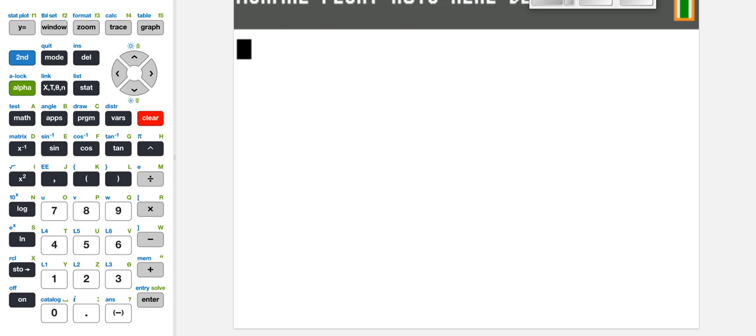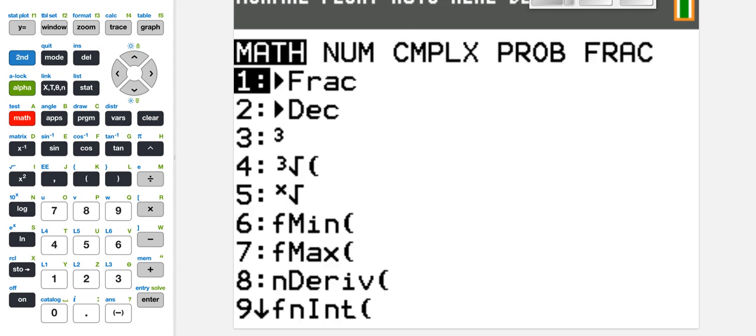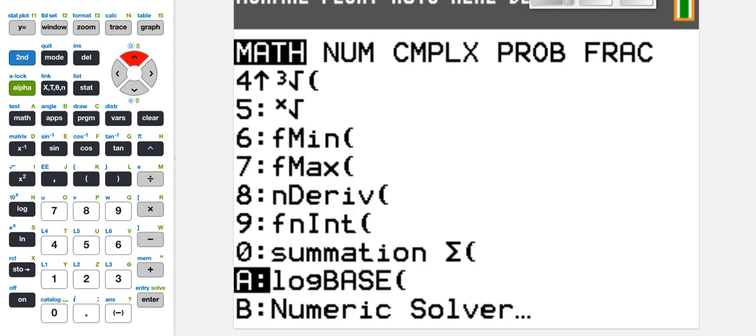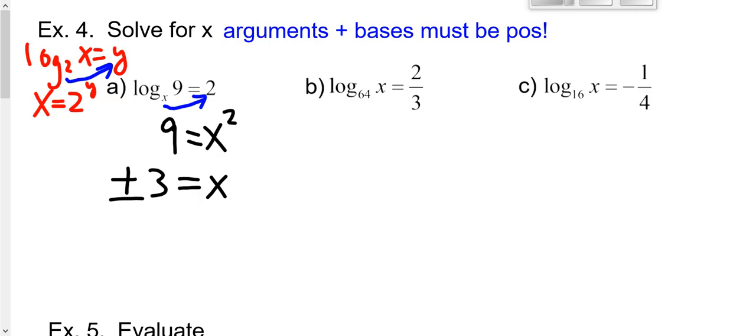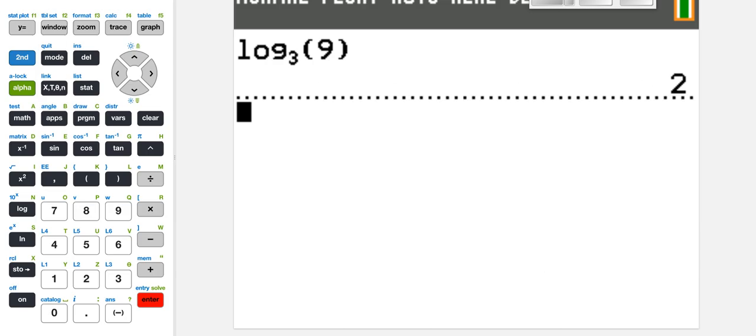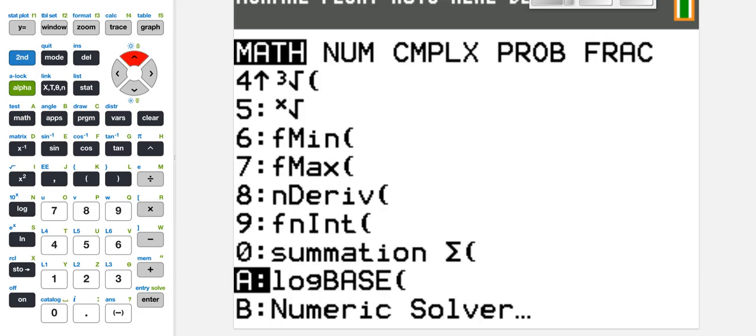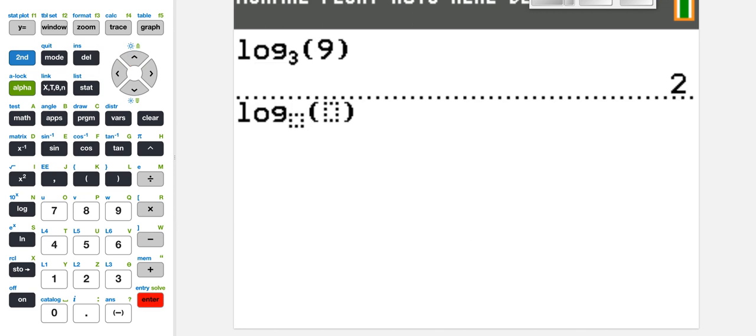So log base 3 of 9, that gives you 2. That's what we have here. Log base 3 of 9 gives you 2. Let's do the negative one here. So log base negative 3 of 9.